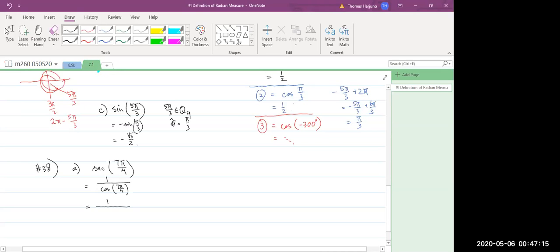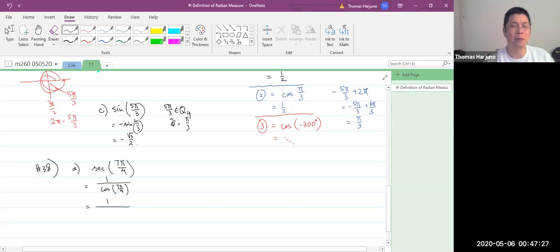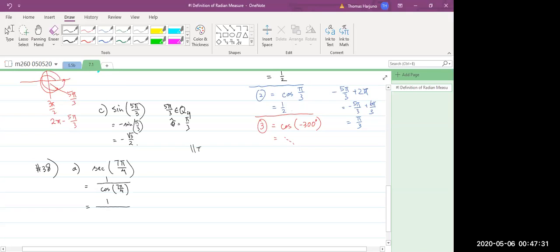Professor, for part C, the sine of 5 pi over 3, if we add that to 2 pi, doesn't it give us 11 pi over 3? Yeah, 11 pi over 3, so what? So shall we write negative sine of 11 pi over 3?